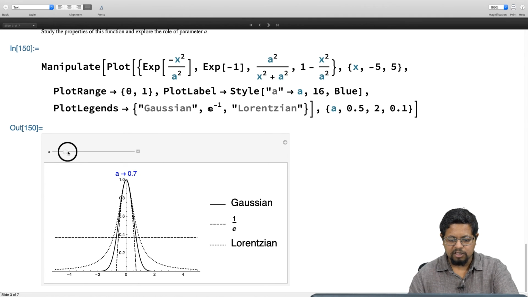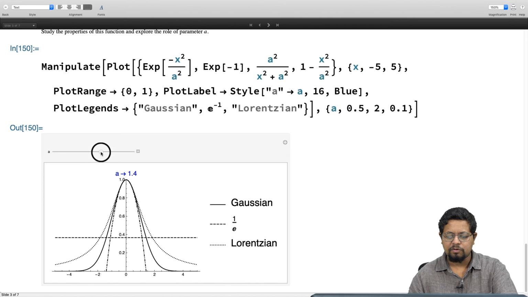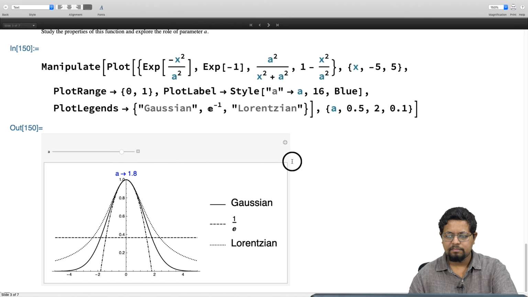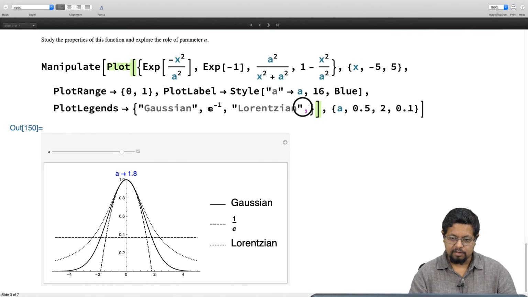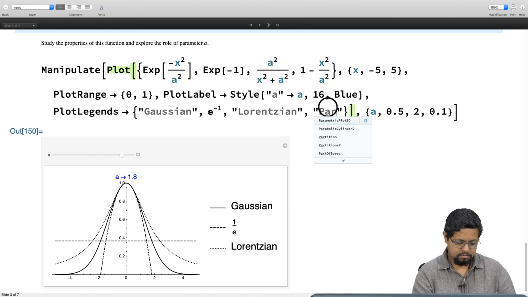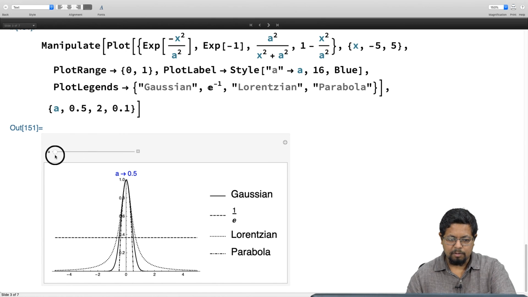And as I change a, you see the behavior of all the three functions, the parabola, the Lorentzian, and the Gaussian, is identical near x equal to 0. It's only as you go away from x equal to 0 that you see the function behavior changing. I can also add a parabola. Now my figure is complete.